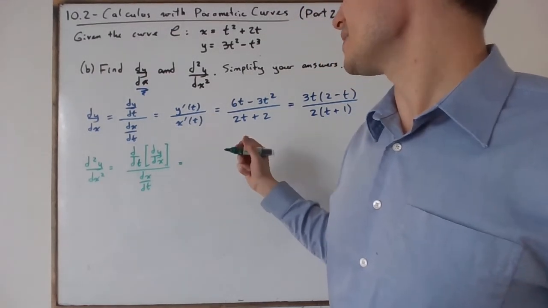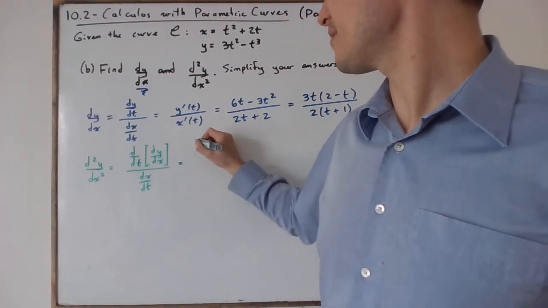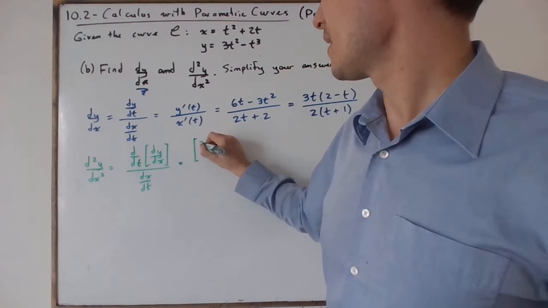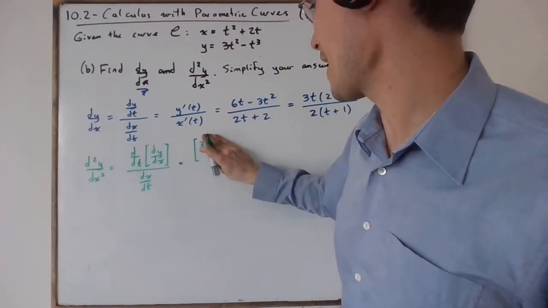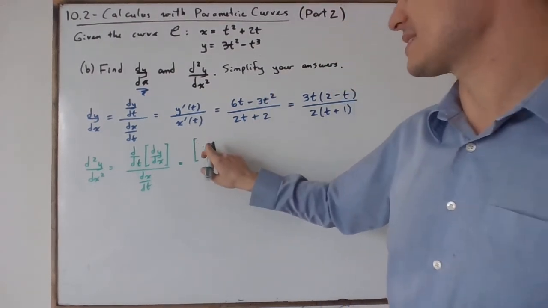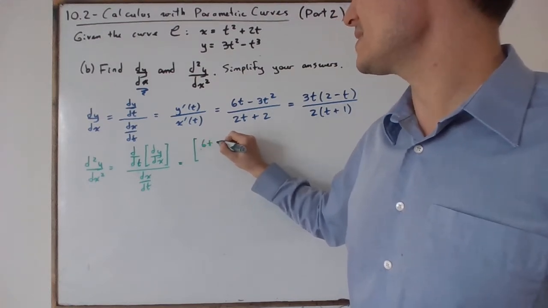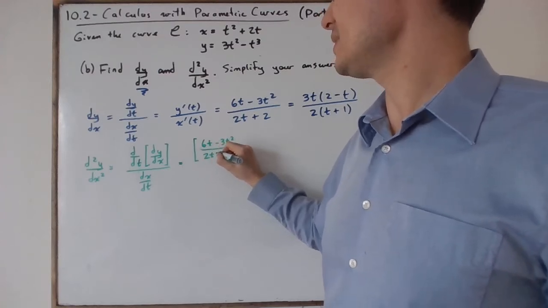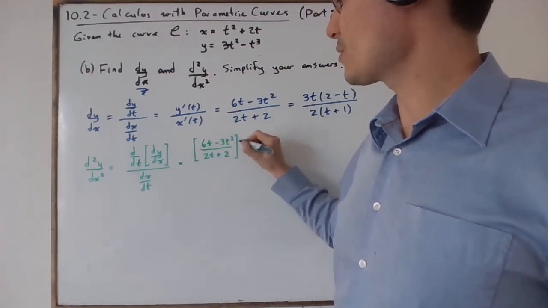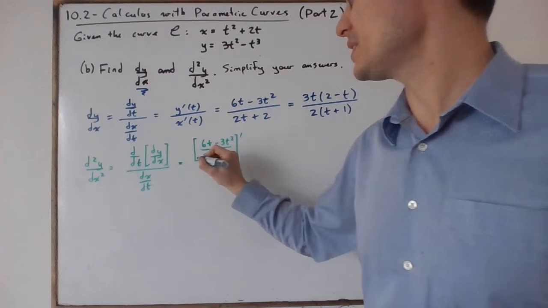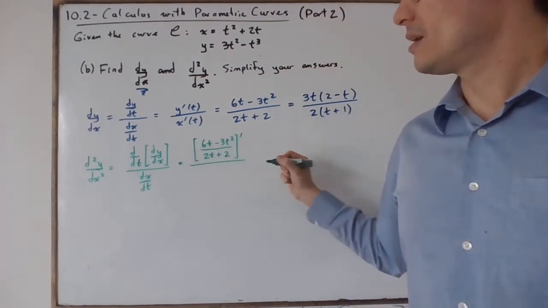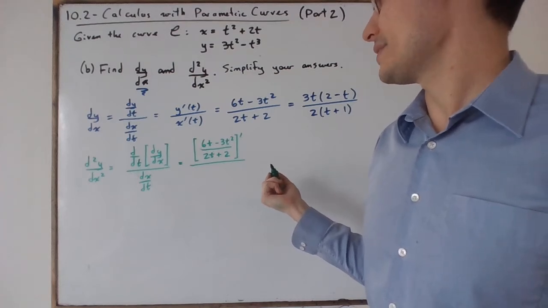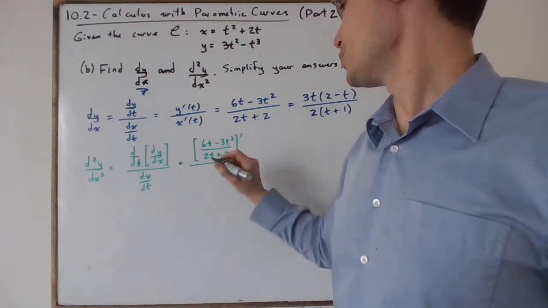Now, what does it mean? What it means is that we take the derivative we have right over here. Let's take this one here because it's simpler to do: 6t minus 3t squared over 2t plus 2. We take the derivative of this with respect to t, but we divide by the derivative of x with respect to t, in other words, 2t plus 2.